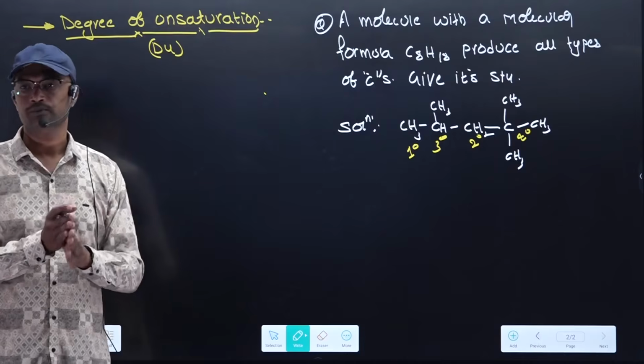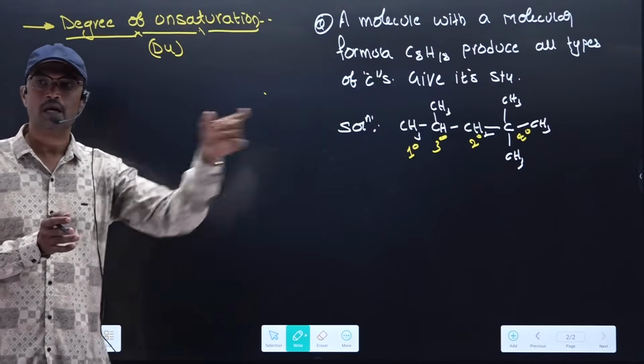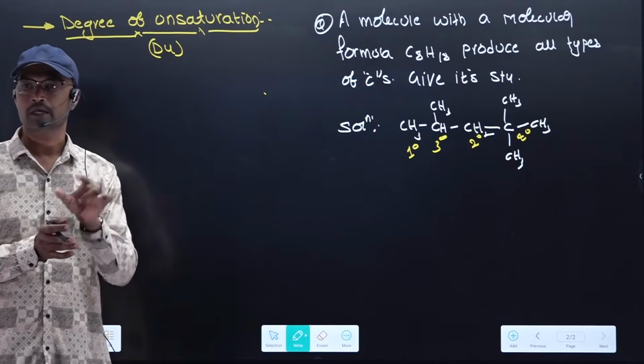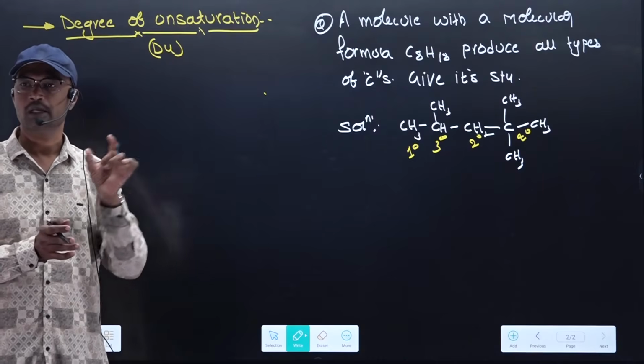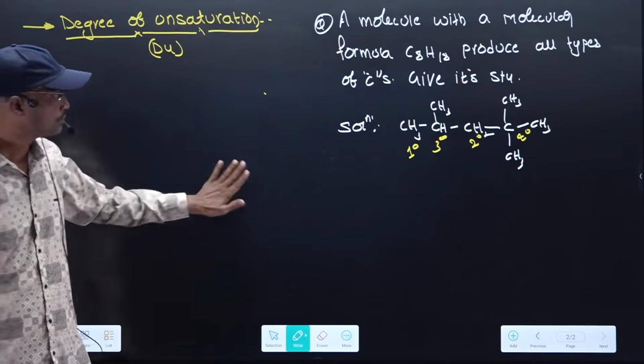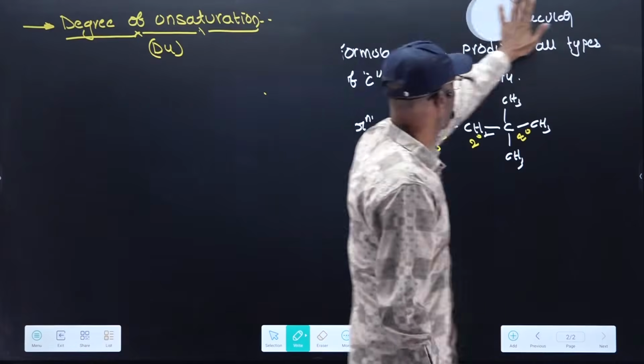That is called DU. Suppose if 2 hydrogens are less than the alkane general formula, 1 degree of unsaturation. 4, second degree. 6, third degree, 8, fourth degree, like that. Okay, right. Write the definition.